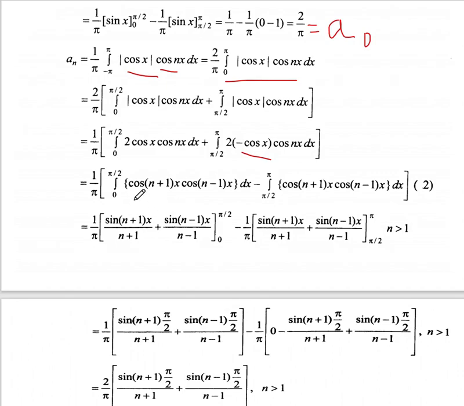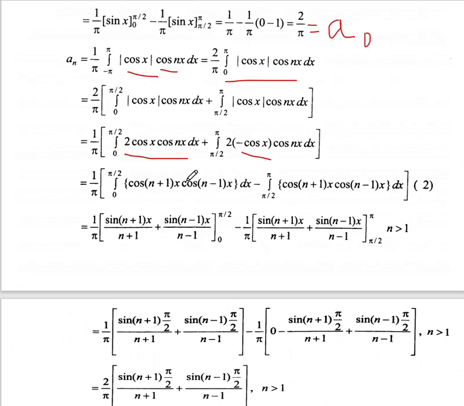Now we will use the formula 2 cos a cos b equals cos a plus b plus cos a minus b.